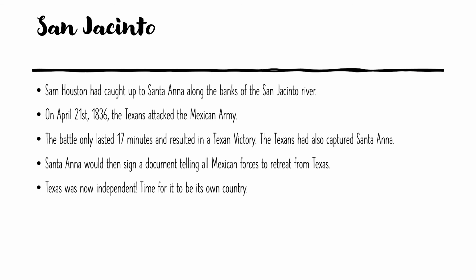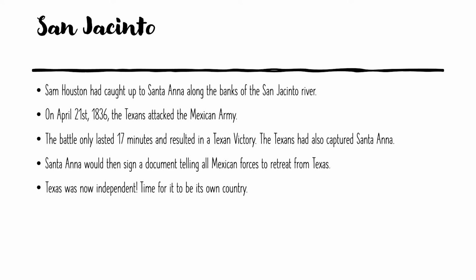So we'll get to San Jacinto. And this is the last battle of the Texas Revolution. Sam Houston will catch Santa Anna and his army along the banks of the San Jacinto River. And then on April 21st, 1836, they attack. And it's a 17-minute battle that results in a Texas victory.